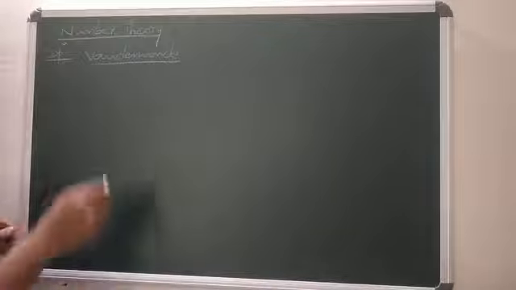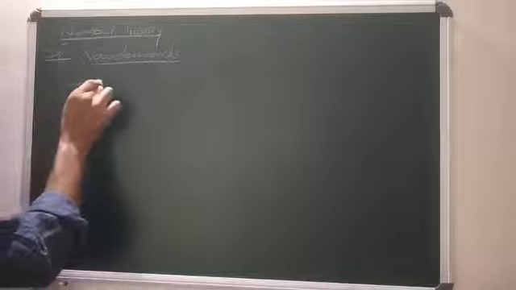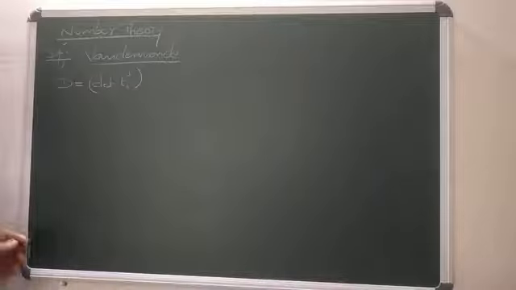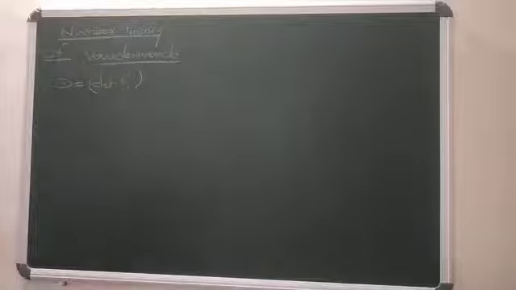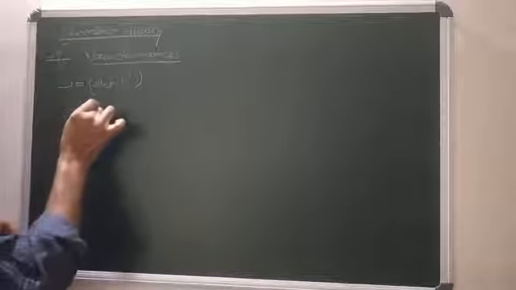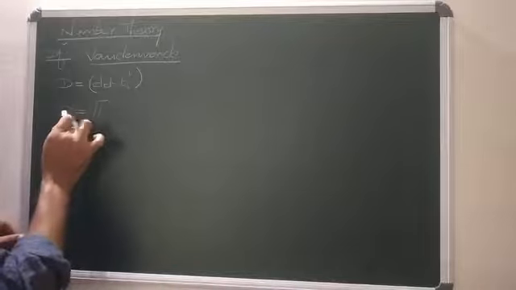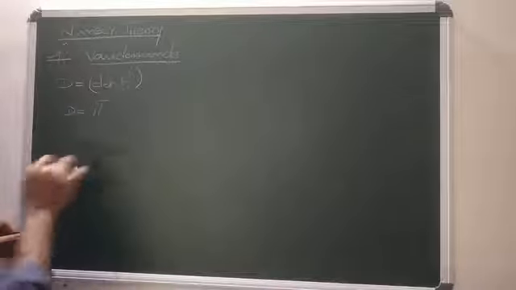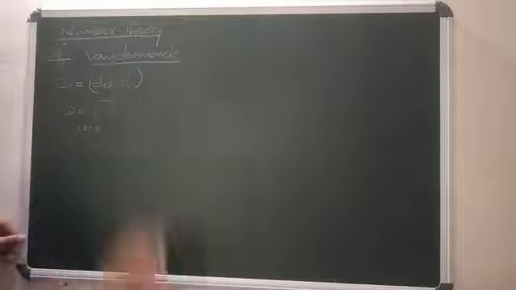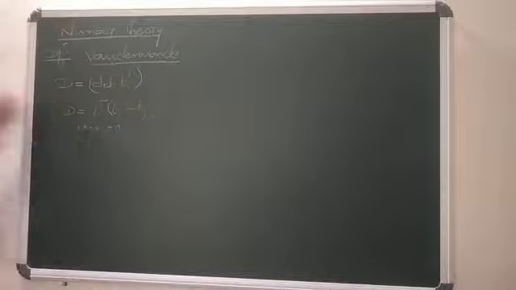A determinant of the form D equals determinant of t_i power j is called a Vandermonde determinant, and its value is given by D equals the product over 1 ≤ i < j ≤ n of (t_i minus t_j). Consider the products: if t_i equals t_j, this vanishes.